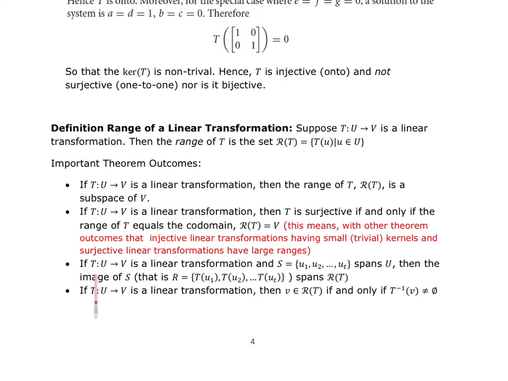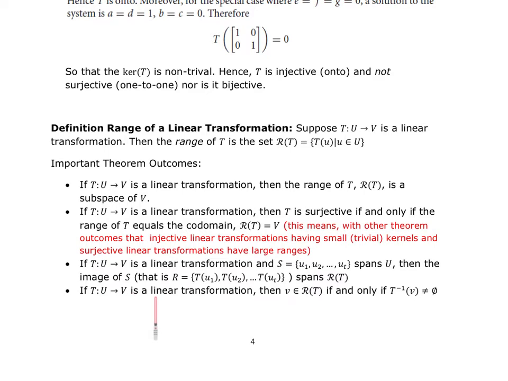Then we get the next outcome, which is if T is a linear transformation and S spans U, then the image of S, that is T of the preimage, will span my range of T. So if I start out with a spanning set in U, then the transformation will span the range. It doesn't necessarily span V, but it will span the range.